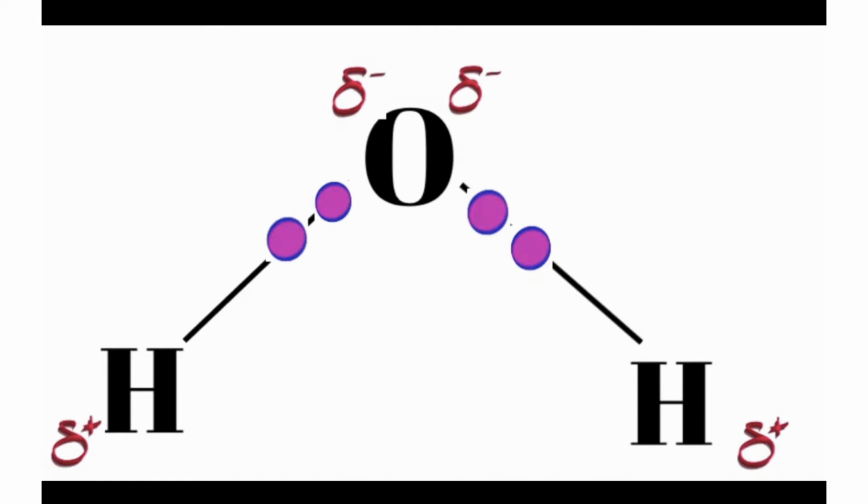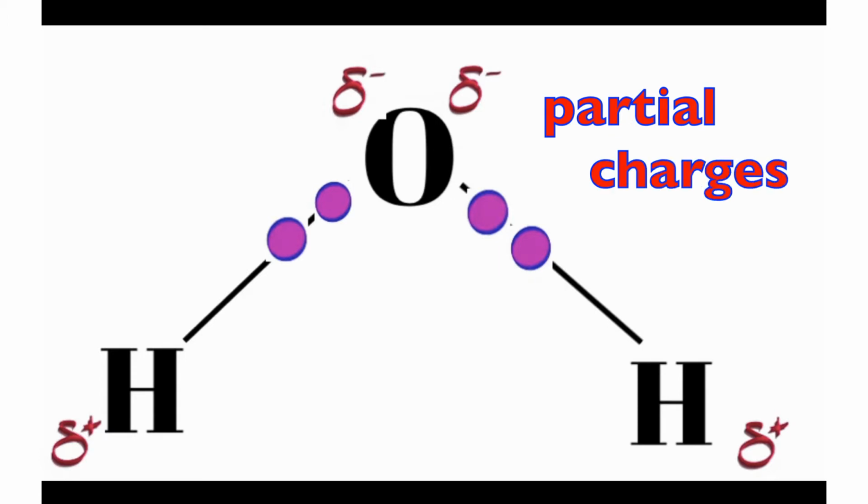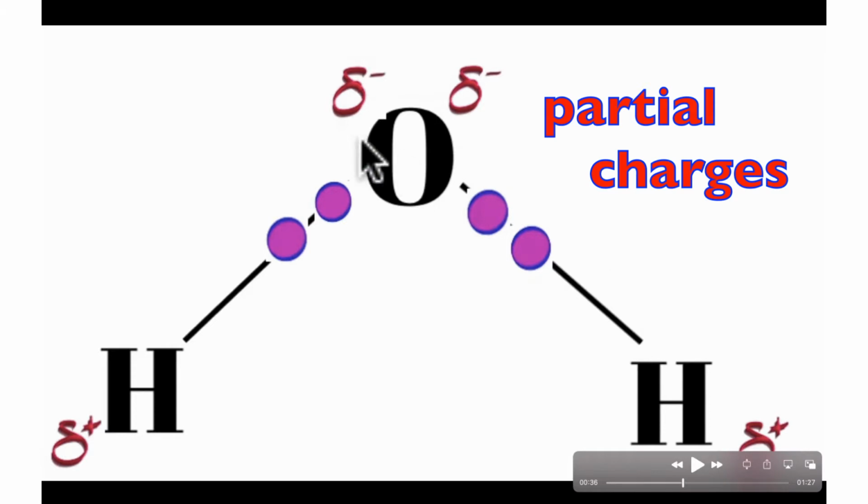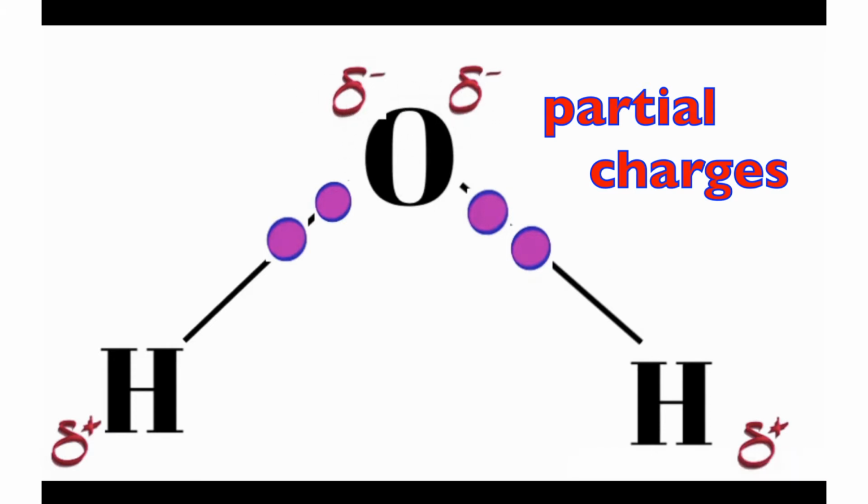That's going to be the case with some other atoms. But what we see here is these electrons have been pulled closer to the oxygen atom. And as a result, it imparts partial negative charges on the oxygen atom, as we see on the upper right and left, here and here. Those are partial negative charges, and that's because the oxygen is holding those electrons closer to it.